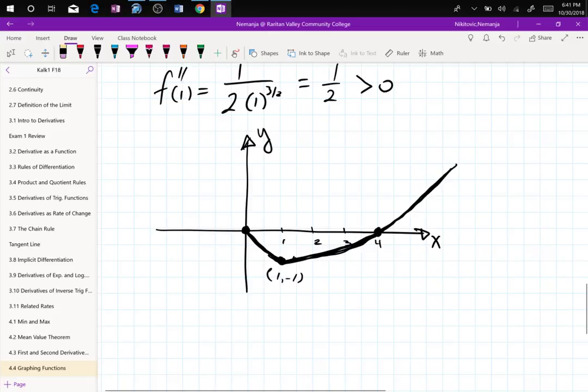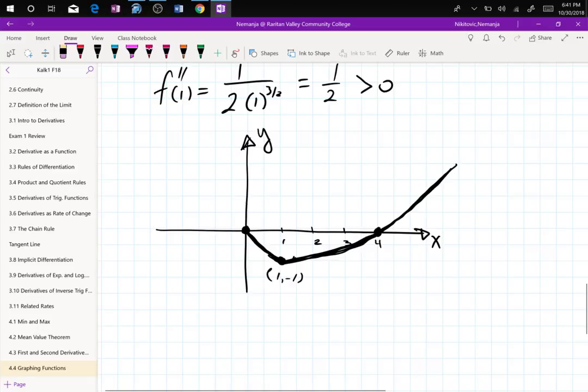And now, as every good student, if you care, we ask for the graph of x minus 2 square root of x.